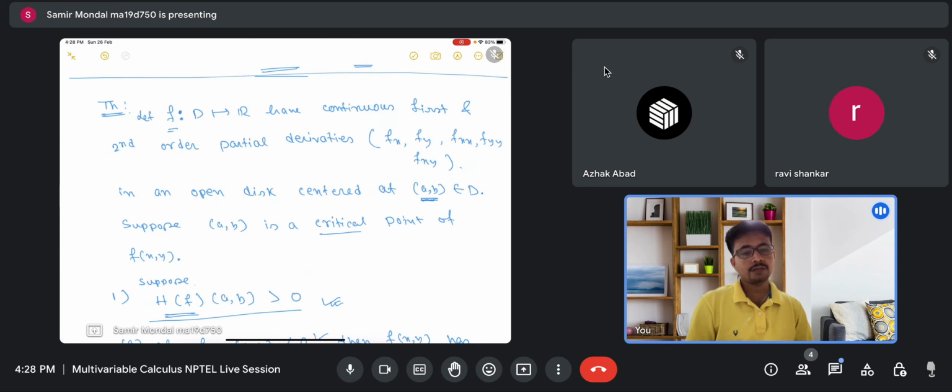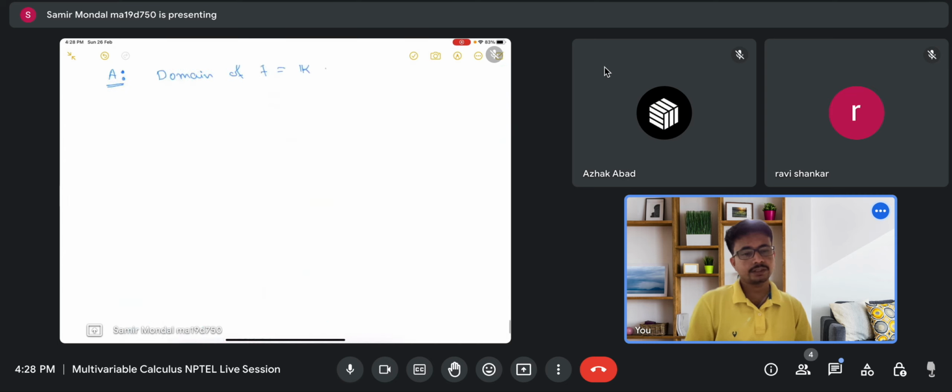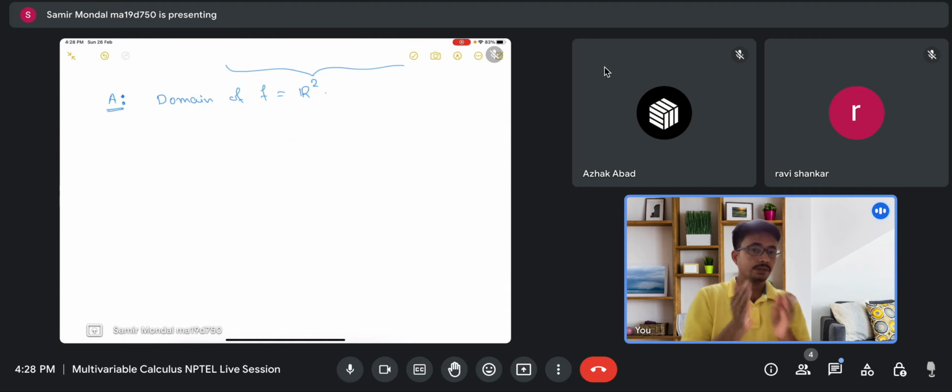Then what do you have to find? Critical points. You have the full region, and from there you have to find only the critical points, and after that we can check the theorem. For a critical point, these two quantities should be 0.